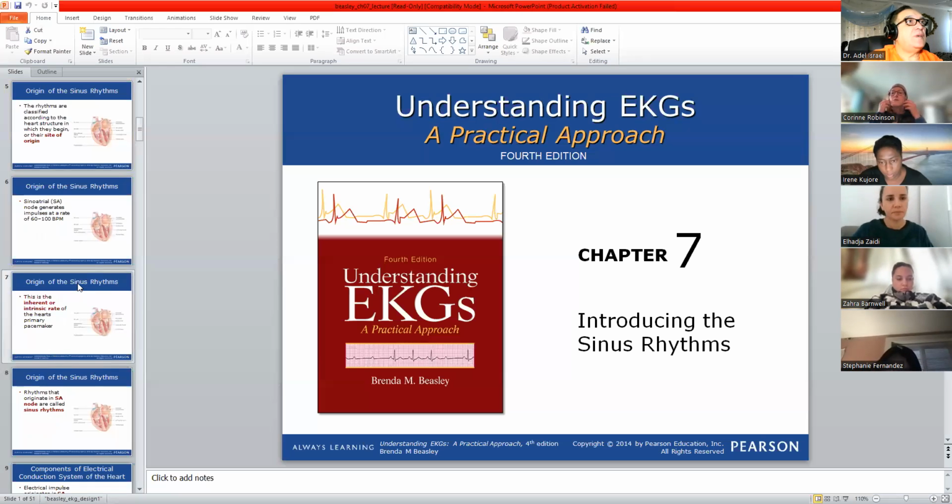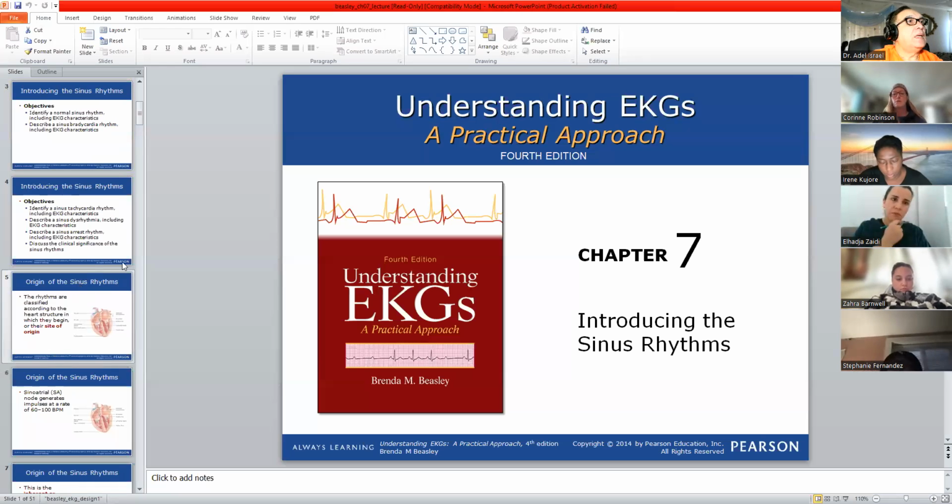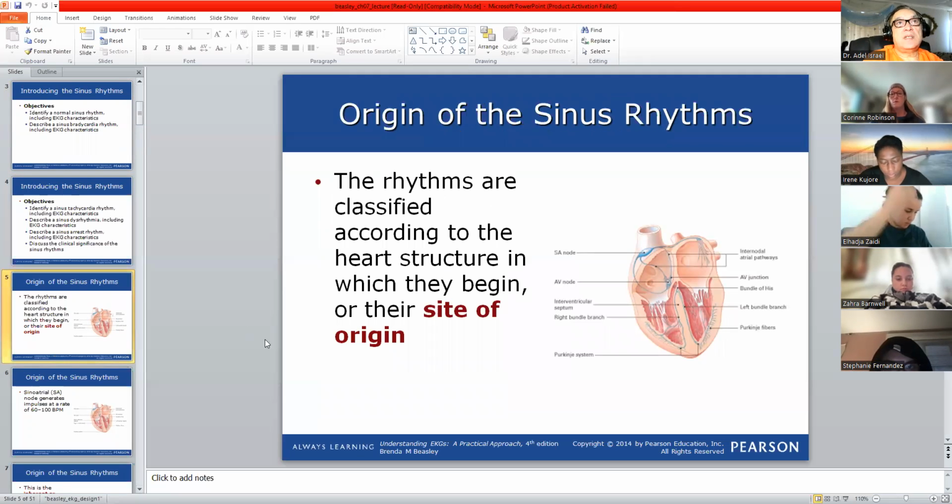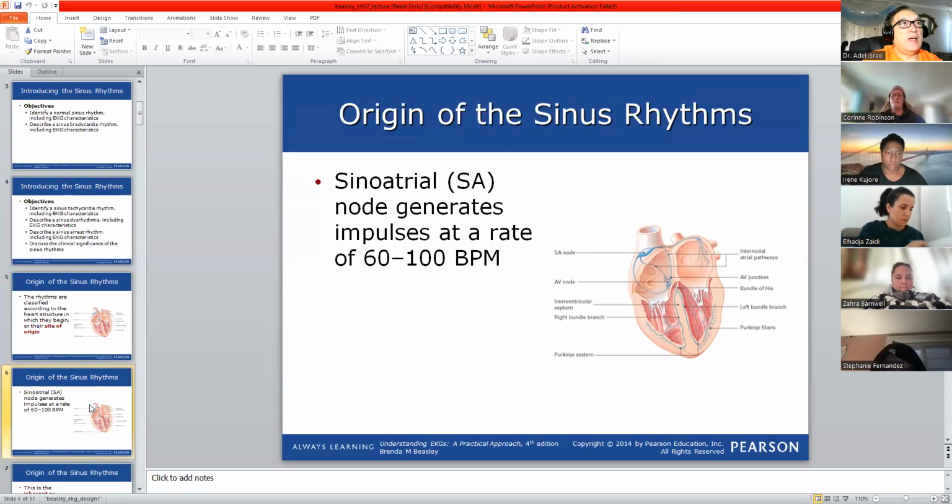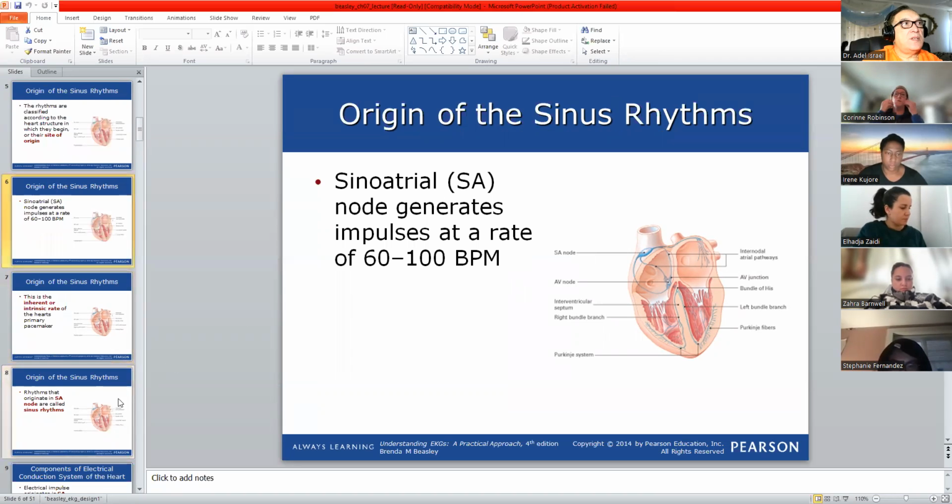And we have a wonderful book that provides us with summary and revision for each item we get every day. So it will review for you that the site of origin of the sinus rhythm is the SA node. And after that, we have the rate, like you answered, 60 up to 100 beats per minute.